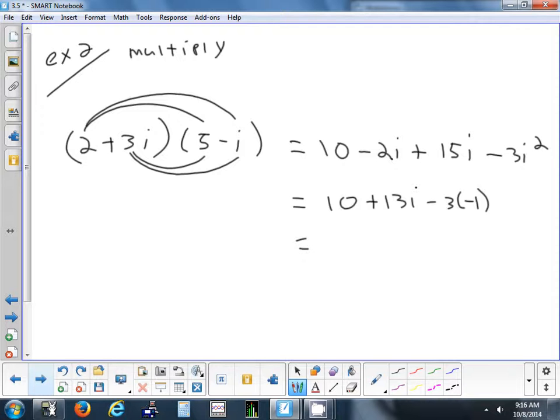That's a positive 3. Positive 3 can now be combined with positive 10. And we get 13 plus 13i. That's just a coincidence that the real part and imaginary part came out the same. It usually doesn't happen. Okay. Any question on how we simplified that i squared?